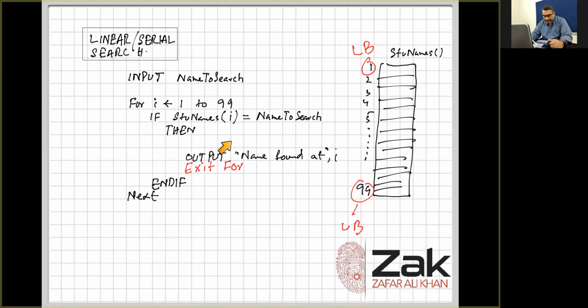If the value is found, the system will report, yes, the name was found at ith location, whatever the value of I where it was found, it will be reported. But if it is not found, there is no output at all. So the user would always be wondering what happened. So that's why it's a good idea to make use of flag.